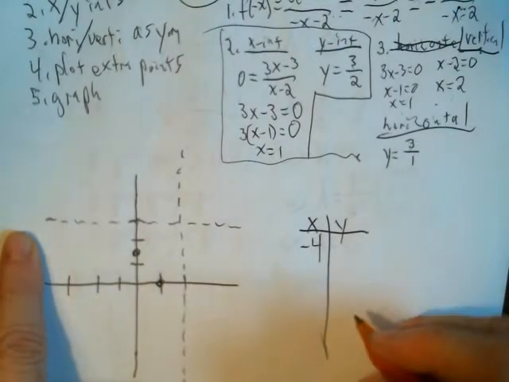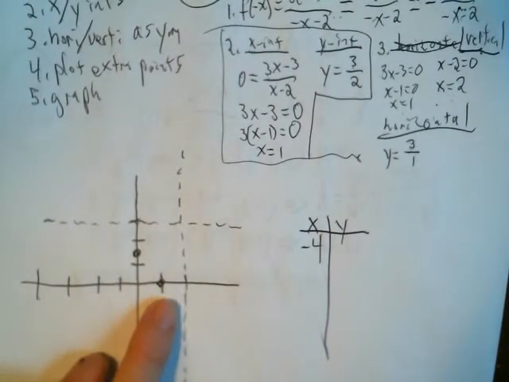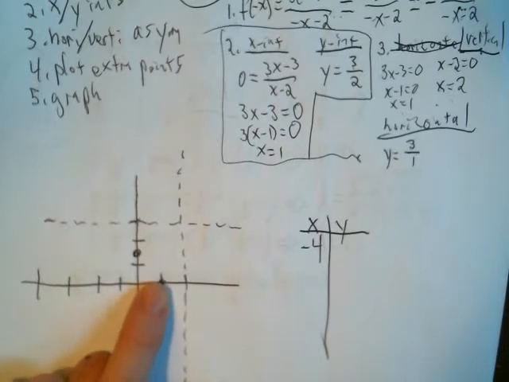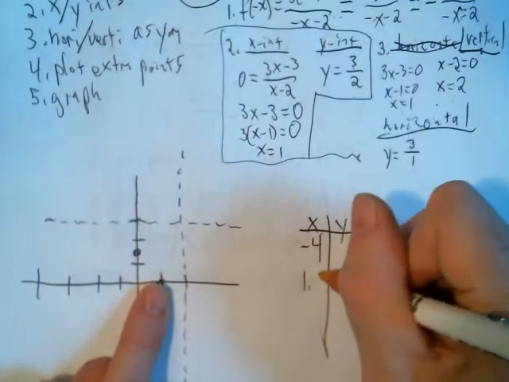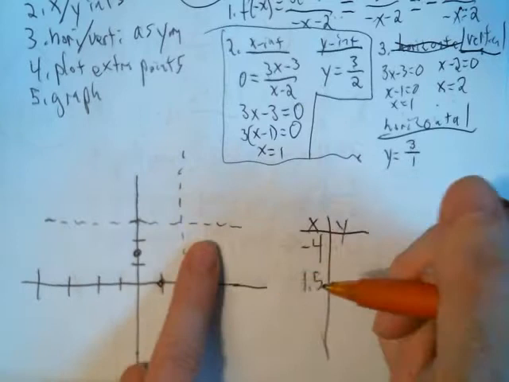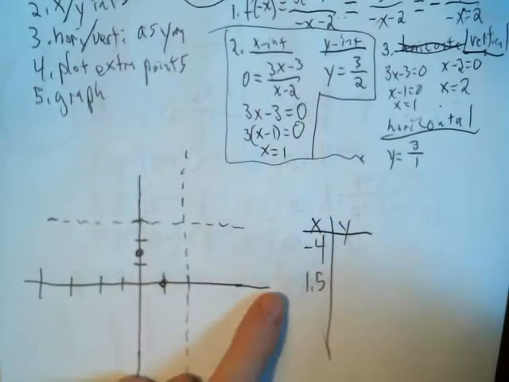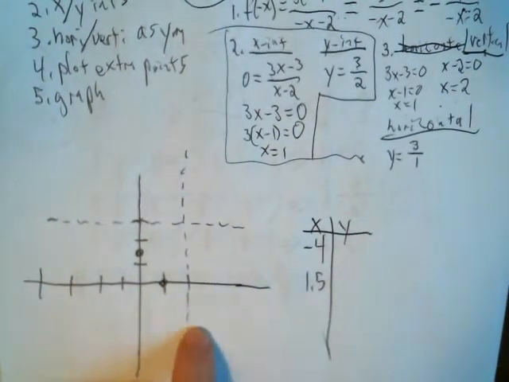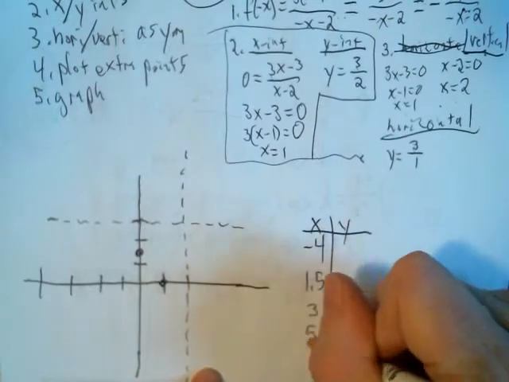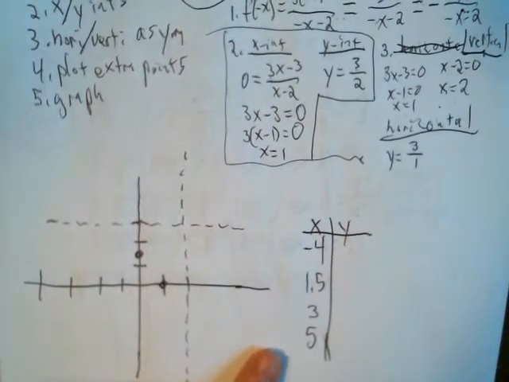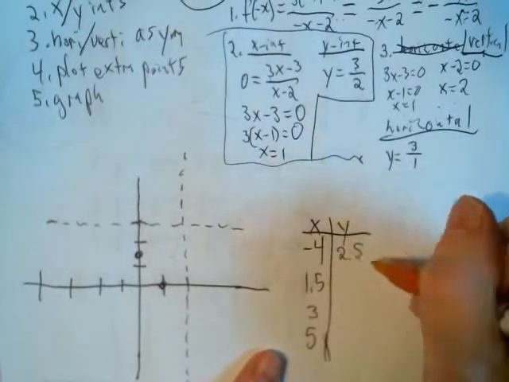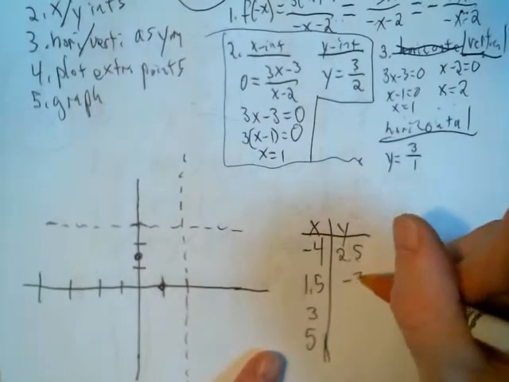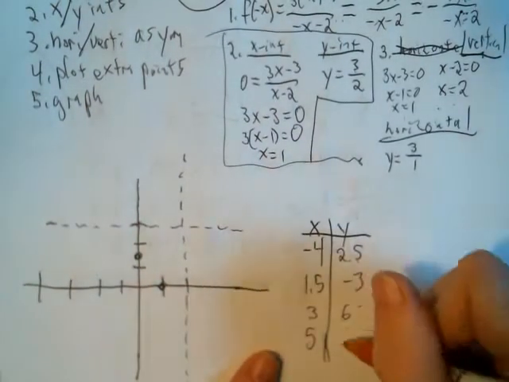I also want to see what's happening in here, so you could pick something like positive 1.5. And then you're going to want to see what's happening in this direction, so you probably want to pick a couple over here on this side. So 3 and 5. And I went ahead and put those into my calculator earlier. It's just 2.5, negative 3, 6, and 4.